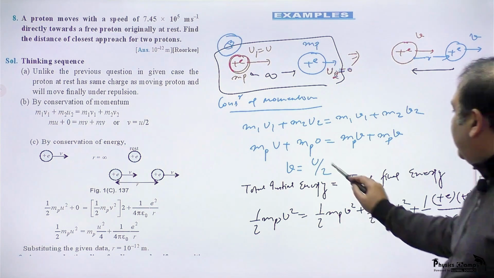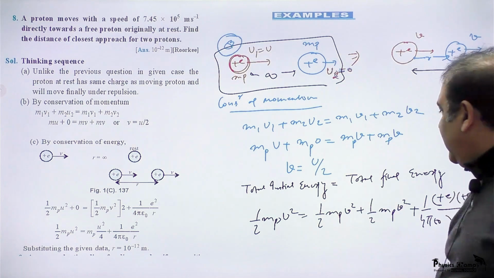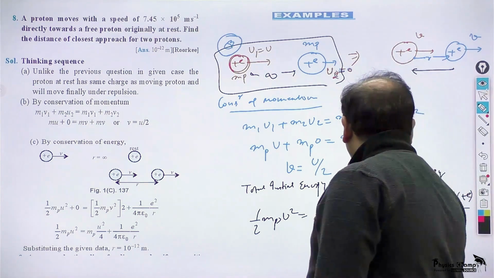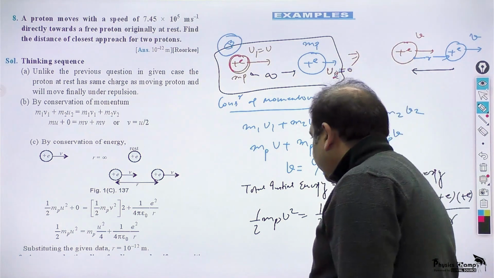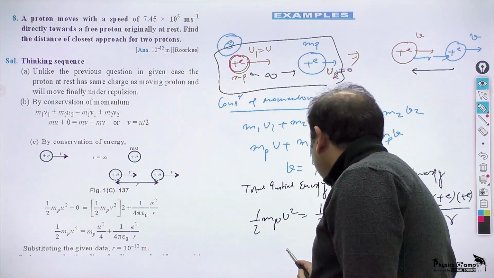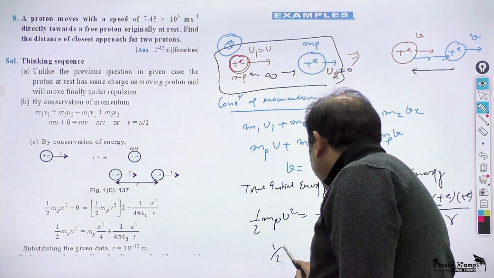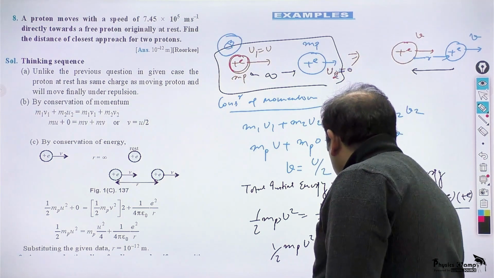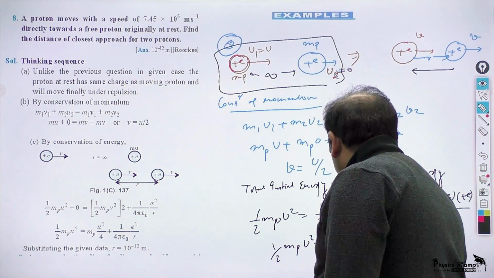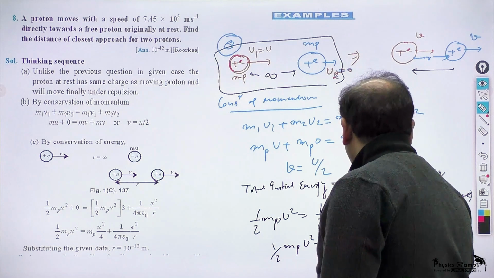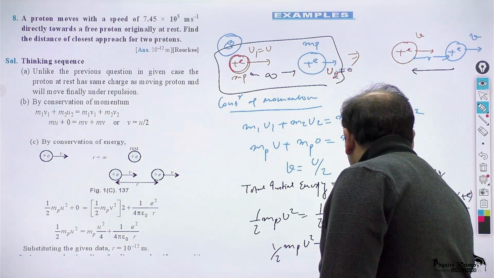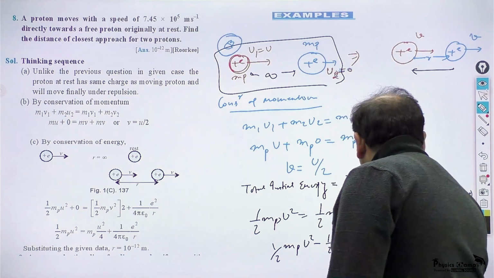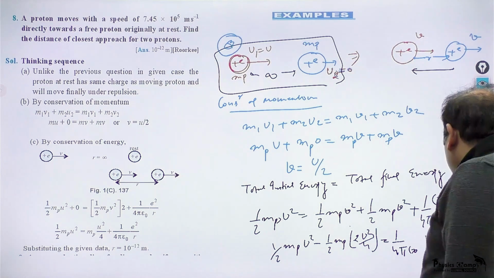Now you have the value v as u by 2. So this is going to be u square by 4, and this is going to be u square by 4. So finally you are getting half mp u square minus half mp into 2 of u square by 4 is equal to 1 by 4 pi epsilon naught e square by r.